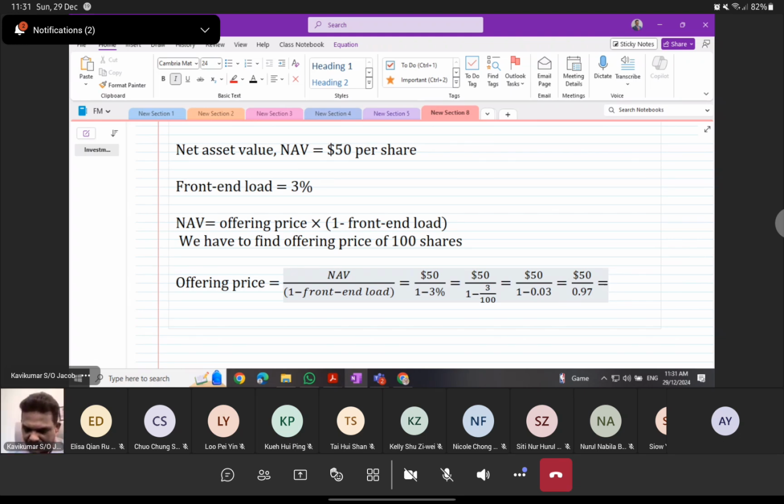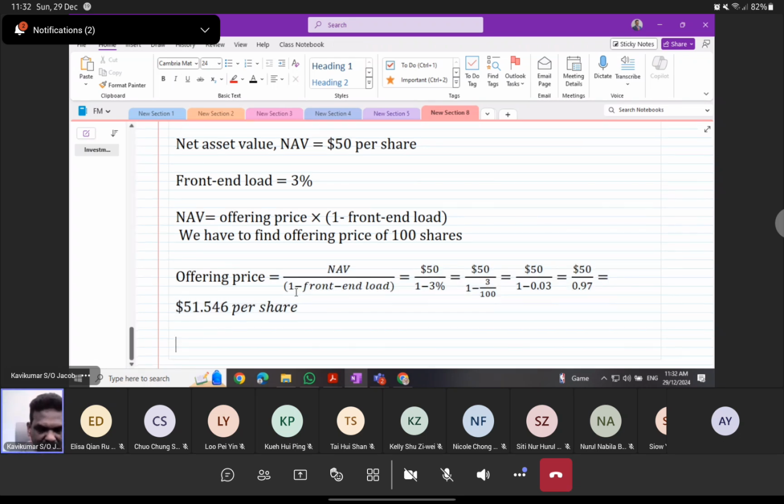That gives 51.546. This is the offering price per share.